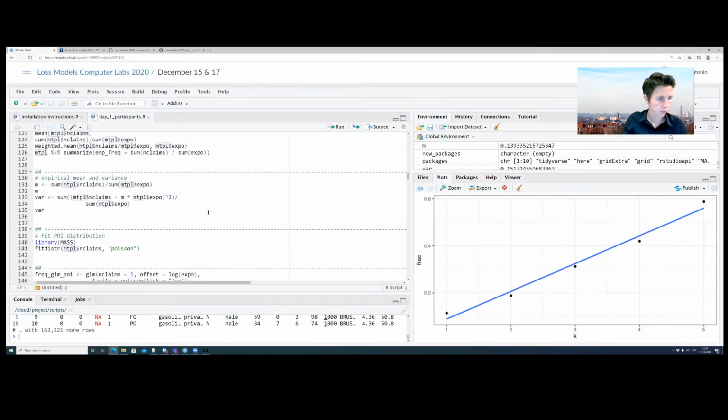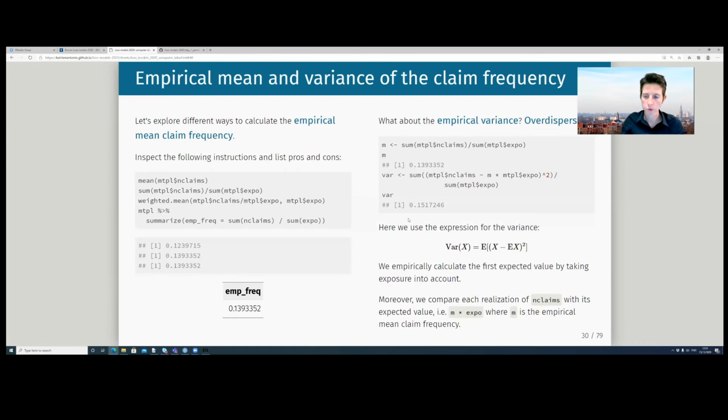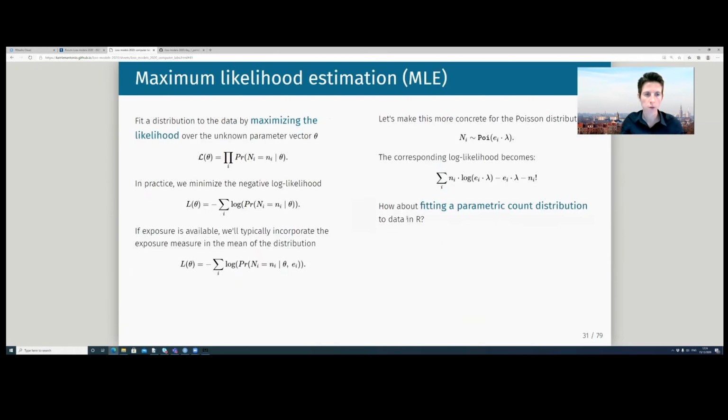Okay, so that being said, we're now ready to fit some of our models. I'm going to show that first on the sheets, and then we're going to go back to the coding part. What we want to do now is fit a distribution to the data set by maximizing a likelihood over the unknown parameter theta.